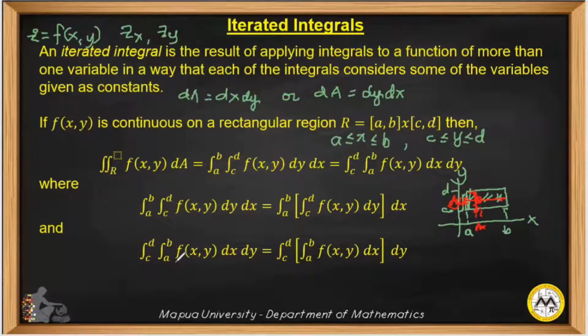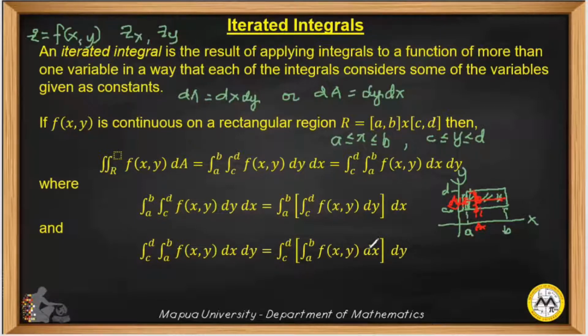On the other hand, evaluating the integral of f of xy dx dy, where x goes from a to b and y goes from c to d, means that we will evaluate the inner integral first in x, within the limits of integration from a to b, and the result becomes the integrand of the outer integral in y.